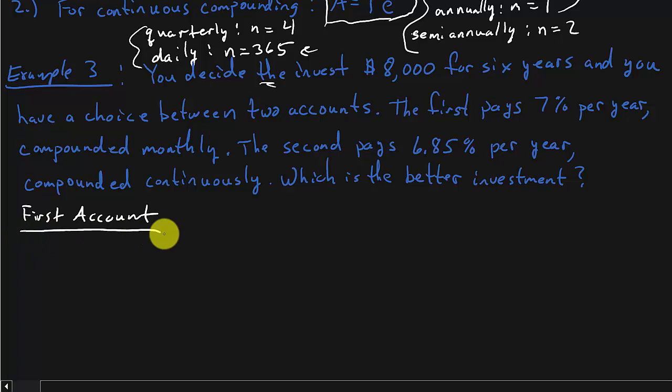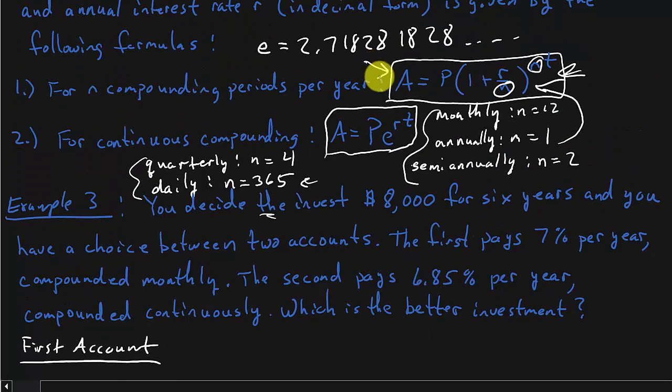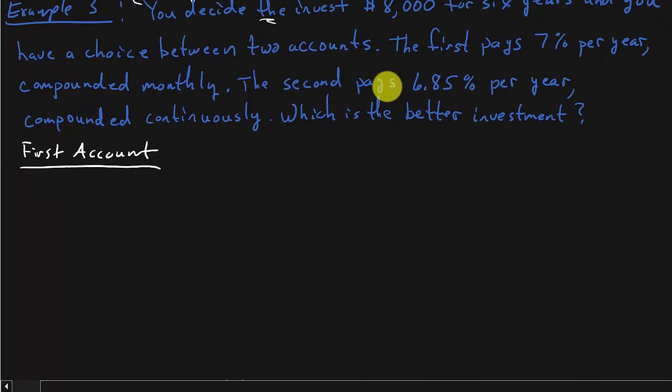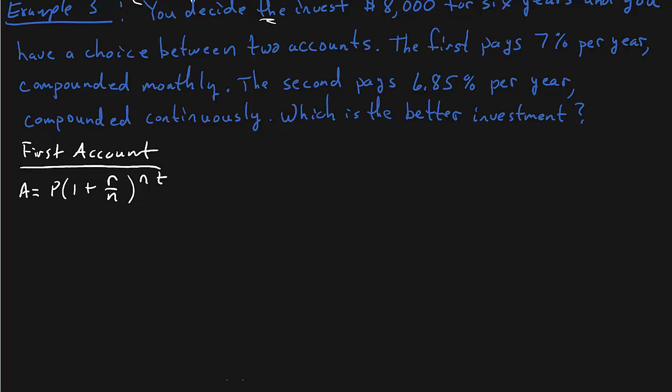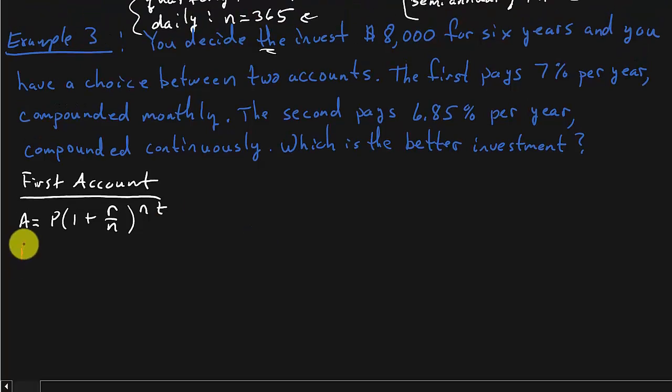Okay. So for the first account, it's compounded monthly. So that tells us that we're going to use this formula here. All right, so I've got A is equal to P times 1 plus R over N raised to the N times T. So let me come over here and get P. So P is equal to 8,000.